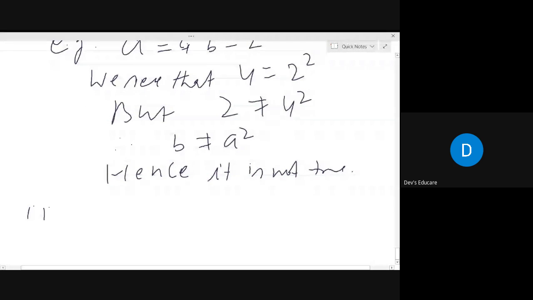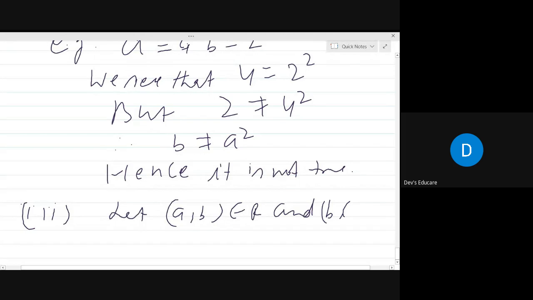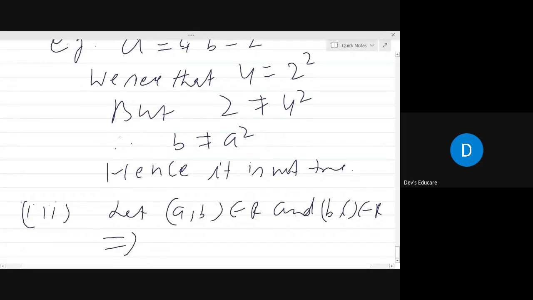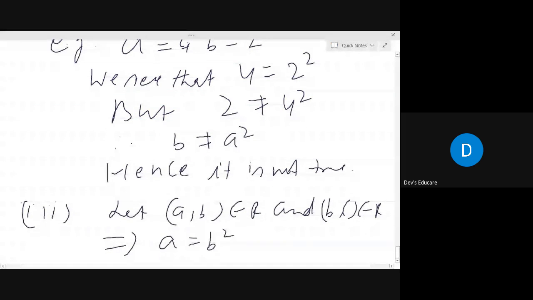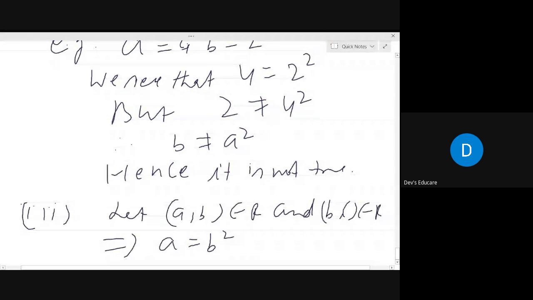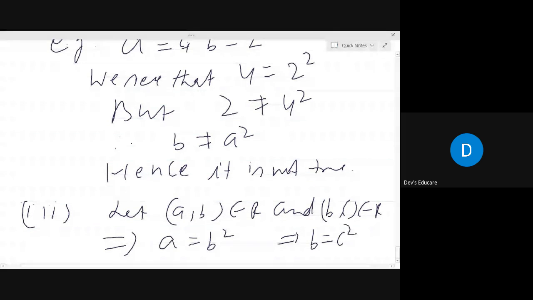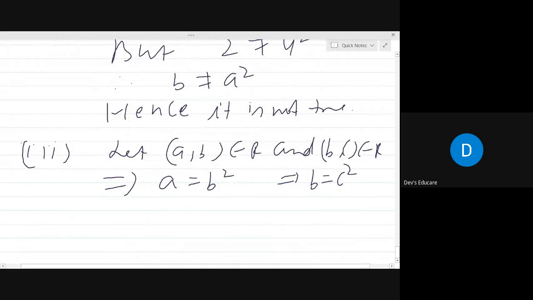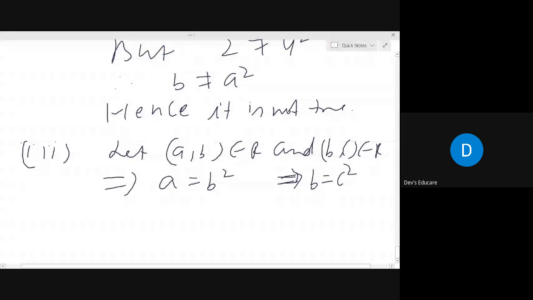Third one. Let (a, b) belong to R and (b, c) belong to R. If (a, b) belongs to R, that means a equals b squared, and if (b, c) belongs to R, that means b equals c squared.